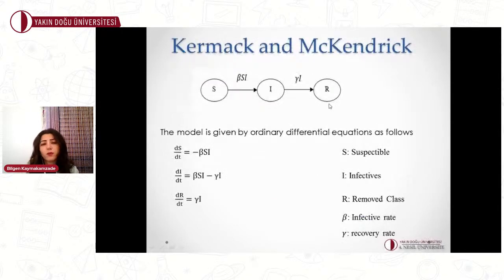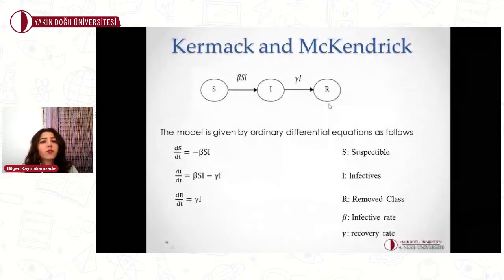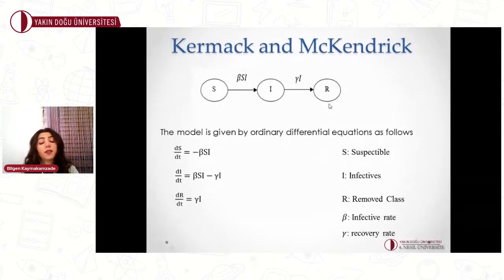Here, first of all, I would like to explain the first model made by Kermack and McKendrick. They created a model by dividing the population into three compartments, S, I, and R. S is the susceptible class, I is the infected class, and R is the removed class.